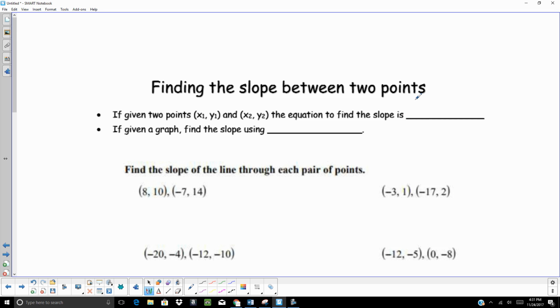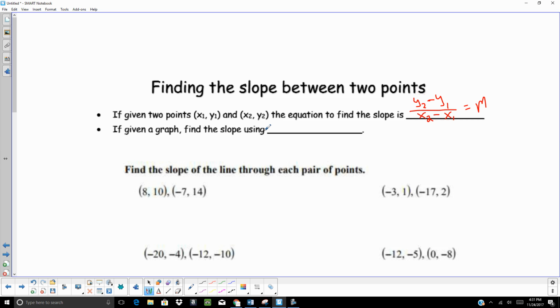You're going to use y sub 2 minus y sub 1 over x sub 2 minus x sub 1. That is a formula you probably want to put into the memory banks. And that'll tell you your slope.